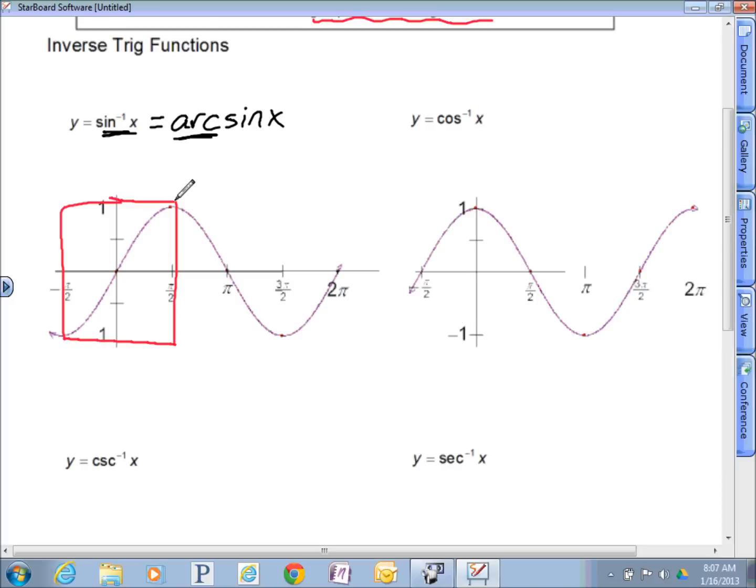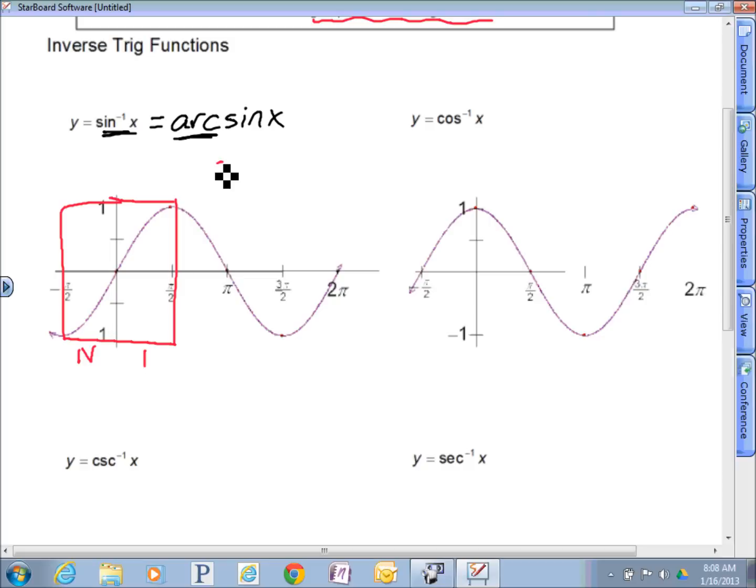So if I'm looking for sine inverse of a negative number, I'm looking at quadrant 4 on the unit circle, between negative 90 degrees, or negative pi over 2 radians, and 0 radians. And quadrant 1 is right there between 0 and pi over 2 radians.